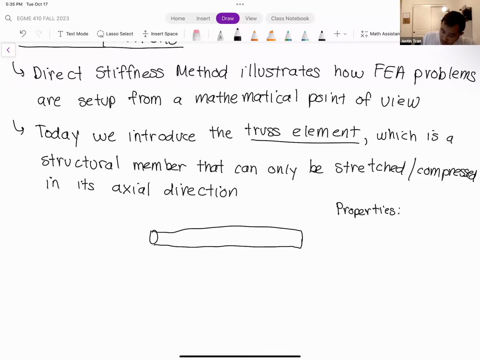The list of properties is, first of all, its Young's modulus, which we call E. That's a property we should be very familiar with, because it represents the stiffness or the strength of the rod itself.